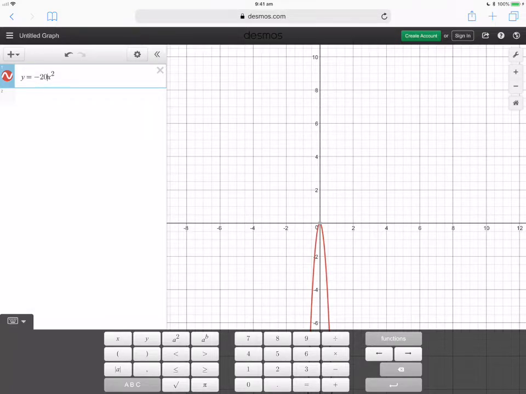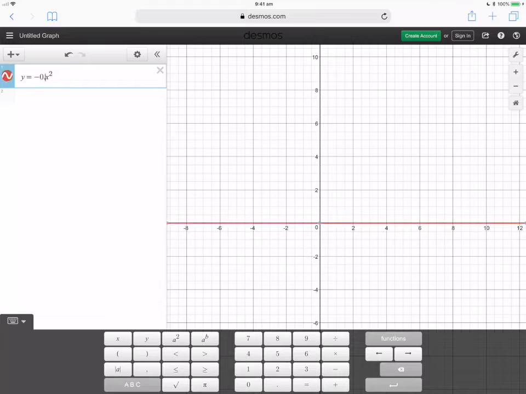Can you predict, if I wanted to make a very wide, unhappy parabola, what number could I put in front of the x squared to make that happen? Have a think. Well, I've given you a chance to think. Hopefully you would have come up with something like 0.1 or 0.01.